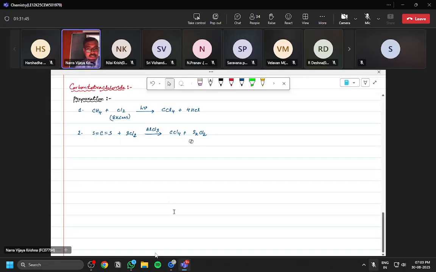Next, properties. It is a colorless, oily liquid. Characteristic smell.